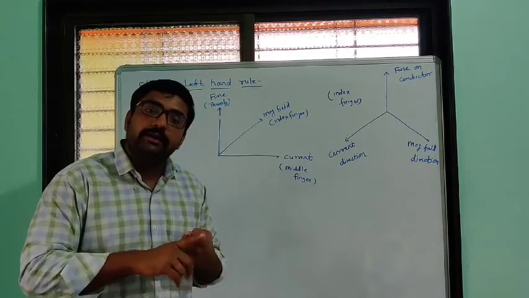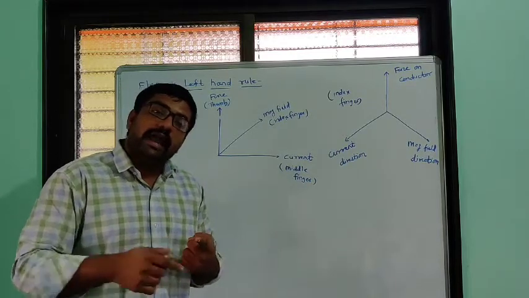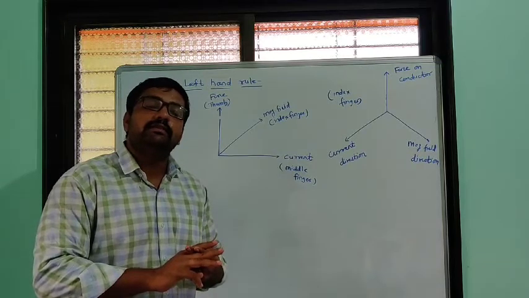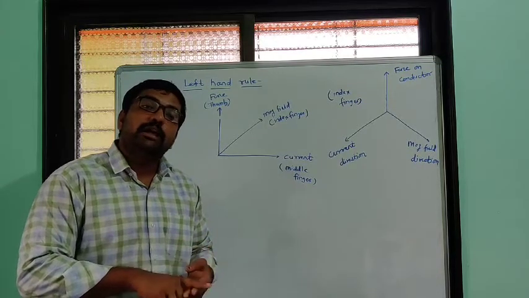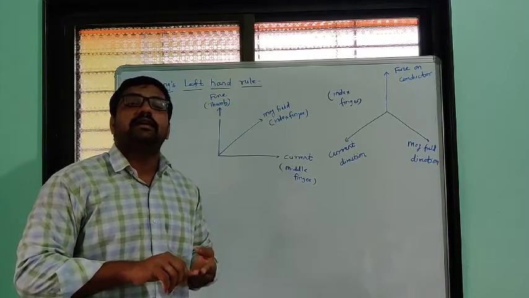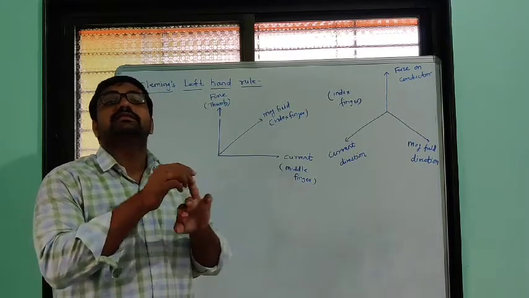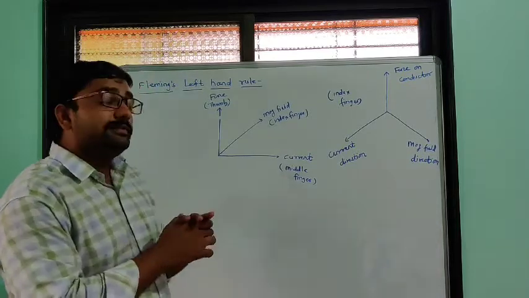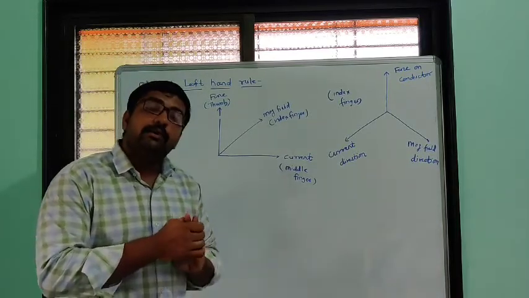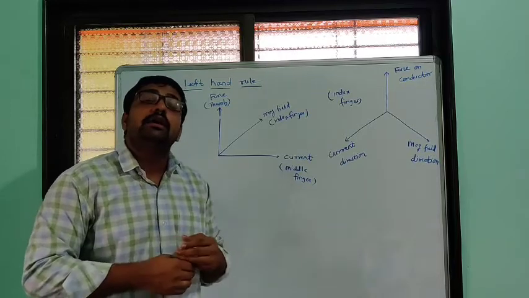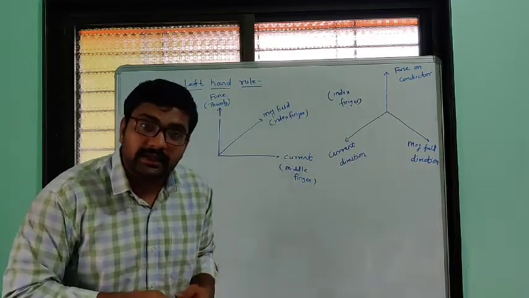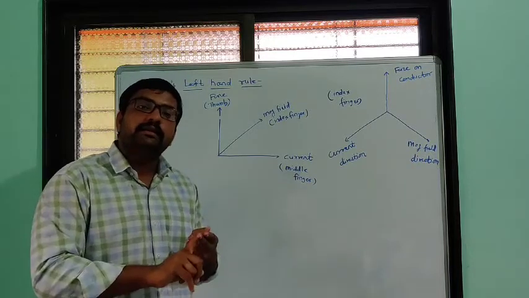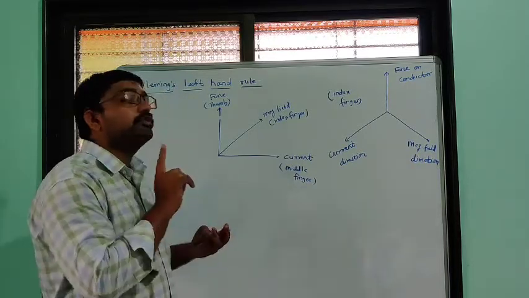So here there is a relation between three things. First of all, the magnetic field. Due to the magnetic field, as we pass electric current, the electric current is the second thing we have to consider. And third, due to that, force will act on that conductor. We have to give a relation between these three things: the magnetic field, the electric current, and the force.